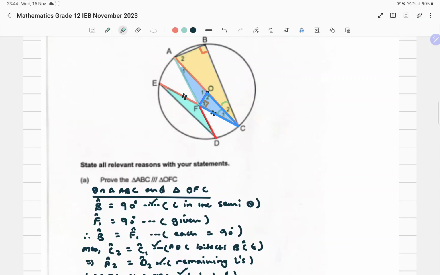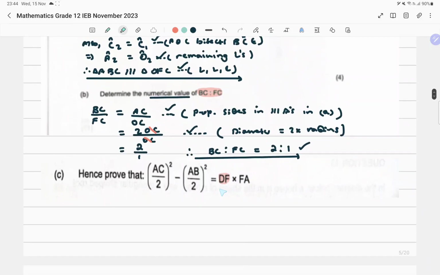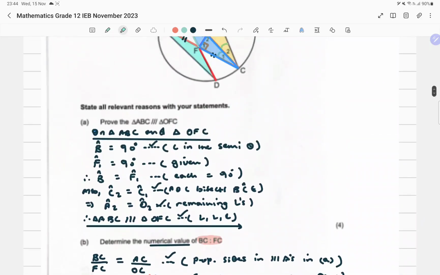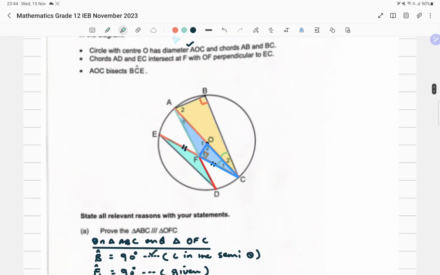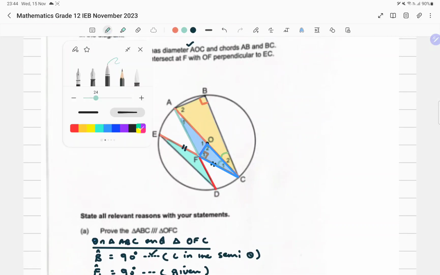We need to compare these two triangles, this light blue one and this slightly deeper blue, for similarity, because that's the only way I can find this. So you see, inspecting things helps a lot in identifying the course of action that is necessary.